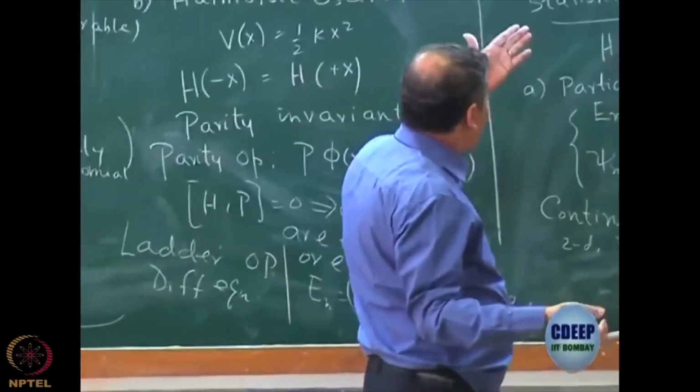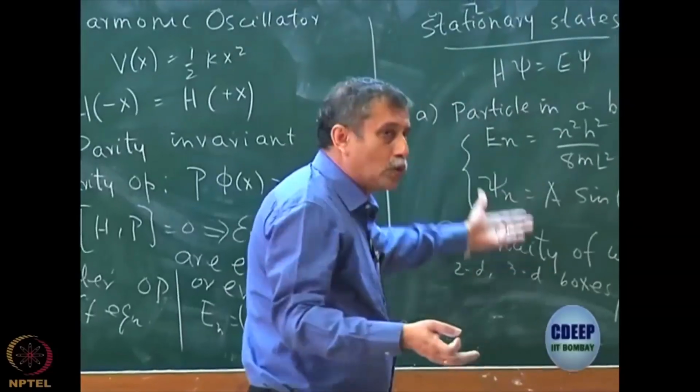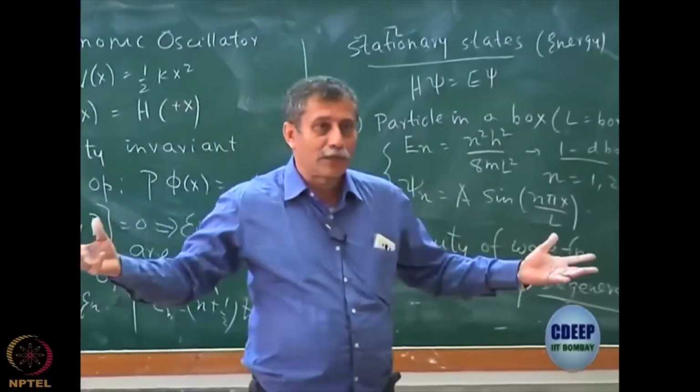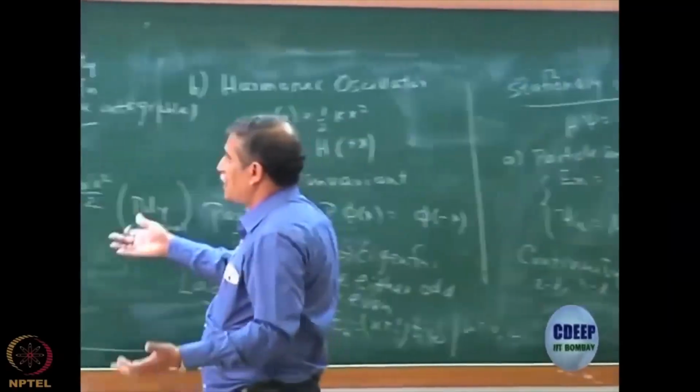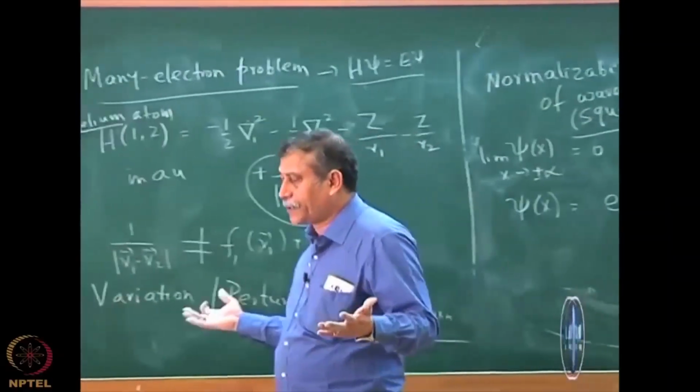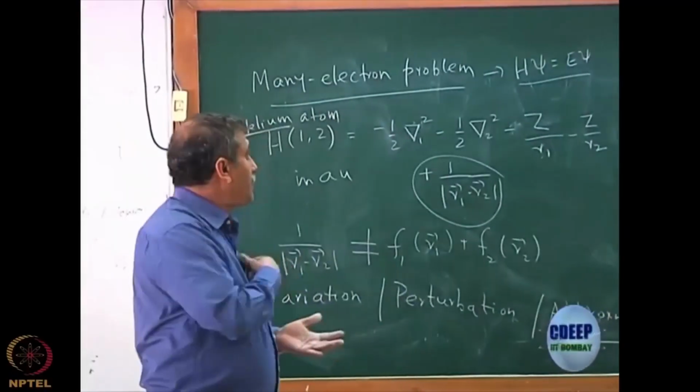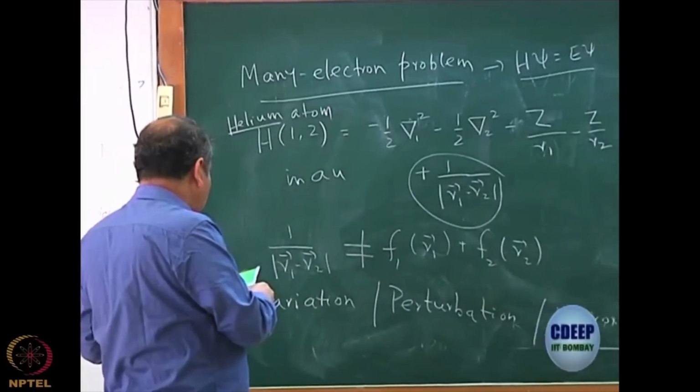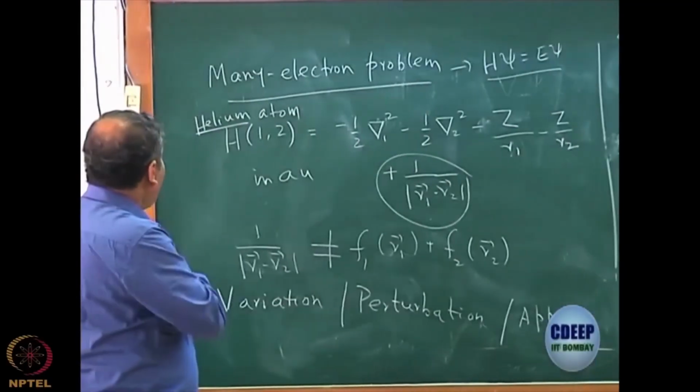When you scale the particle in a box from 1D to 2D to 3D, they were uncoupled, so there was no problem. When you scaled the harmonic oscillator to 1D, 2D, 3D, they were uncoupled. Even for the hydrogen atom, the solution could have been done, and it was not very difficult.